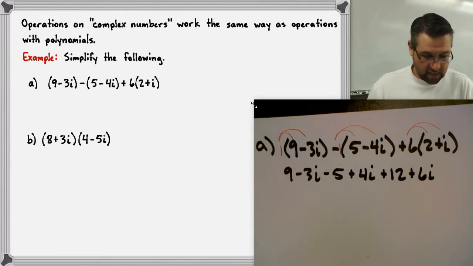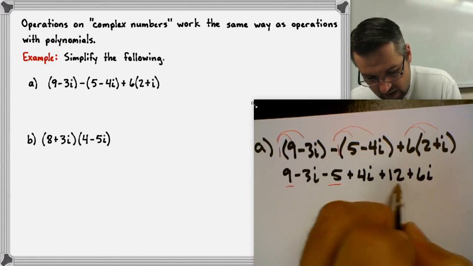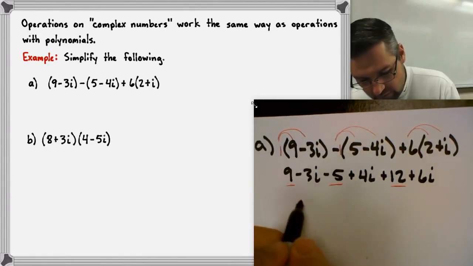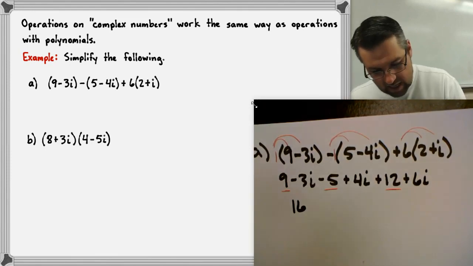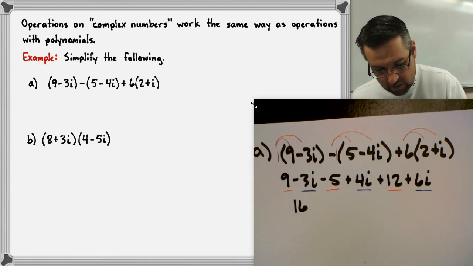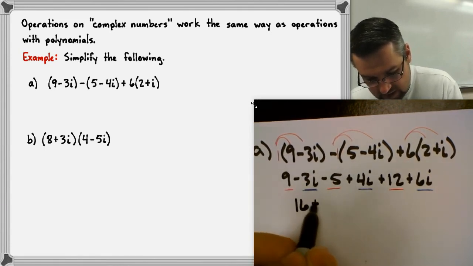From here, we're going to combine like terms. So I've got 9, I've got -5, and I've got 12. 9 minus 5 is 4, plus 12 is 16. And then the -3i, the 4i, and the 6i go together. -3 plus 4 is 1i, plus 6i is 7i.